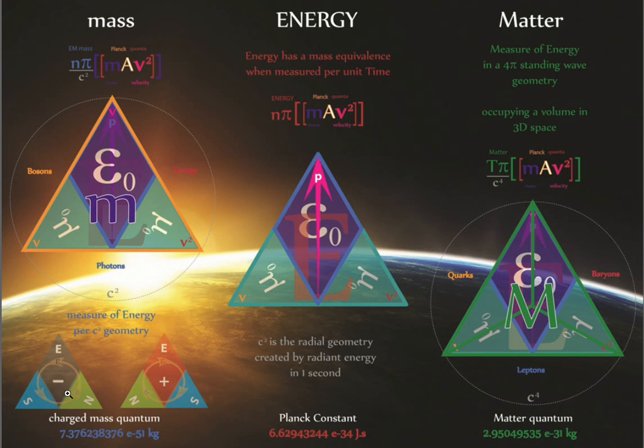But in all cases, again, it's the equilateral geometry of energy, or Planck's constant particularly, that gives us the constants of electric and magnetic permeability and the constants of force. It also gives us the relationship between mass energy and momenta, or mass velocity, within physics.